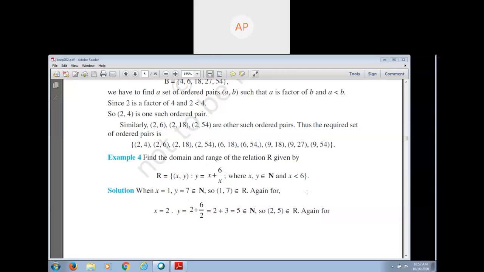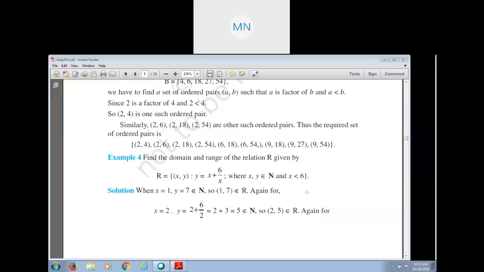X is less than 6. Then what will the value of x be? 1, 7. Sorry, 1.